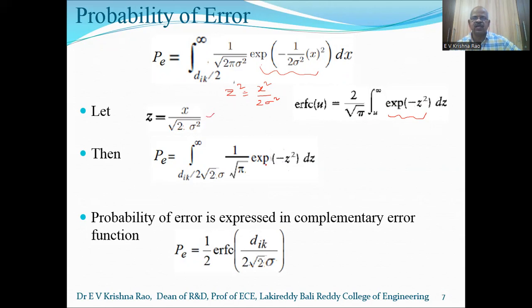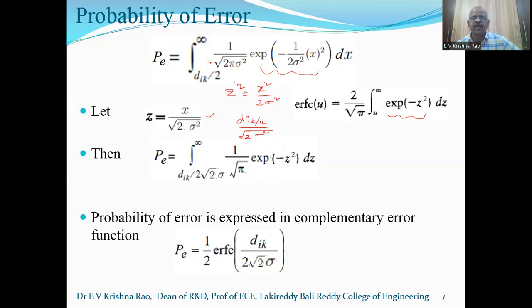You substitute here in e power minus z square, then the integral becomes, with the lower limit dik by 2 by root 2 sigma square. So that is nothing but dik by 2 root 2 sigma, since under root sigma square is sigma.